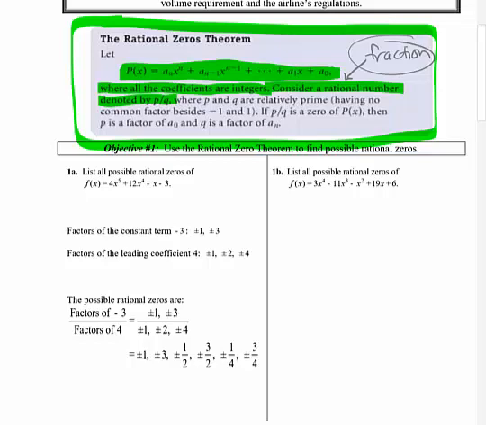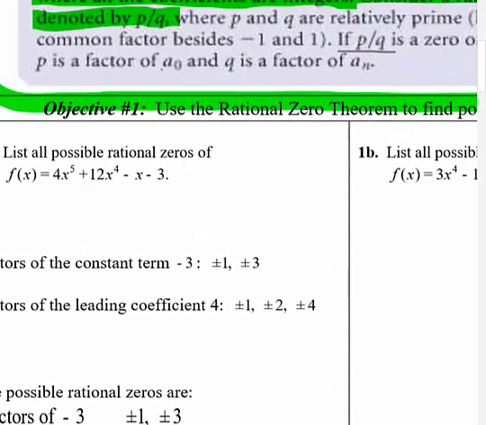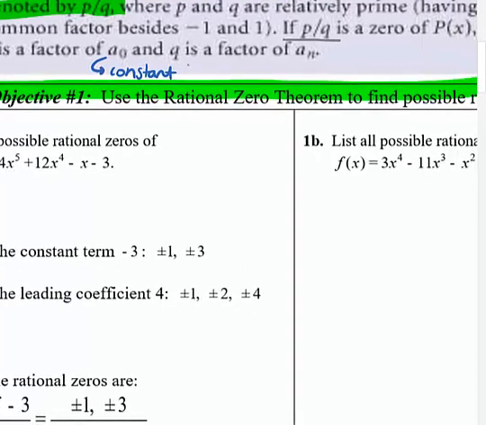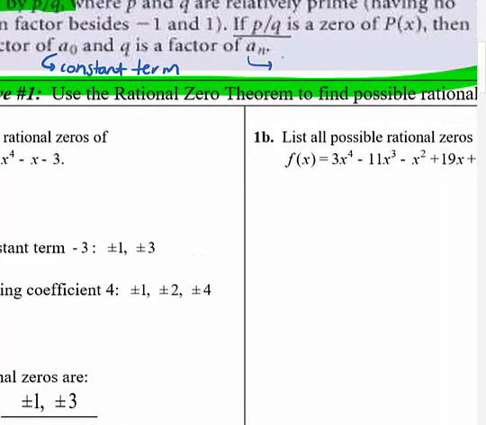It's already reduced to its lowest form. So it says if p over q is a 0 of p of x, then p is a factor of a sub 0, which is the constant term. Let me write that down here so we have it. P is a factor of a sub 0, that's the constant term of the polynomial. And q is a factor of a sub n, which is the leading coefficient.